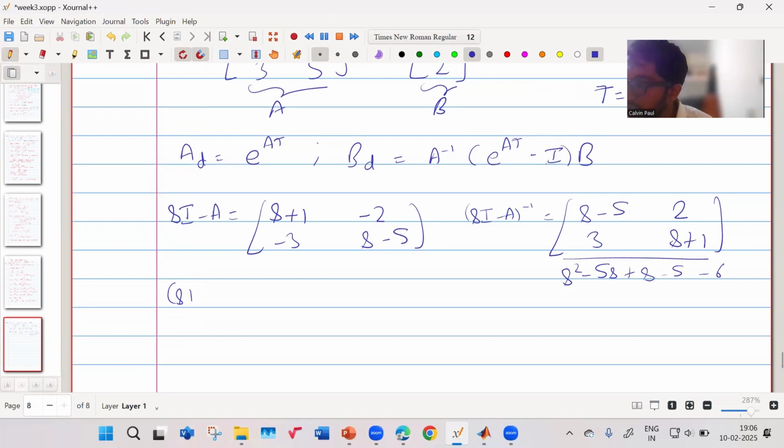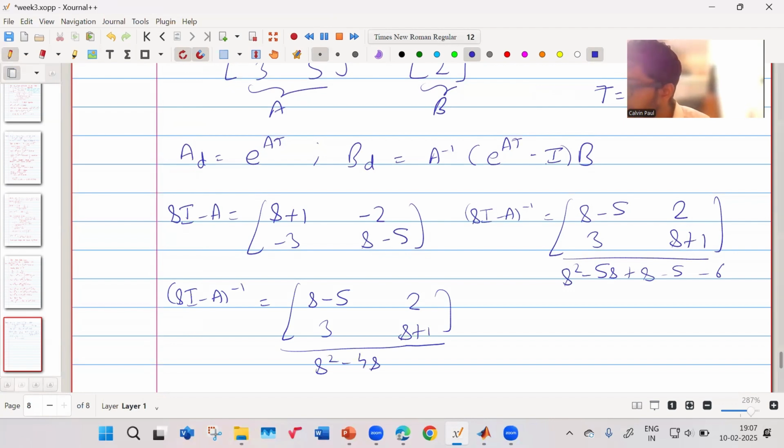So (sI minus A) inverse is equal to the matrix [s minus 5, 2; 3, s plus 1] divided by s squared minus 4s minus 11. Okay, so this is the (sI minus A) inverse.